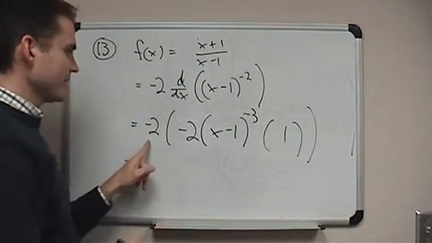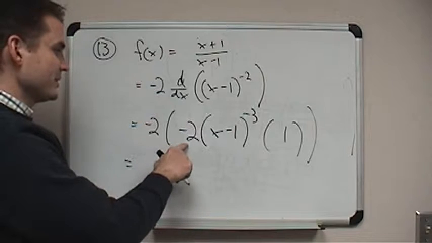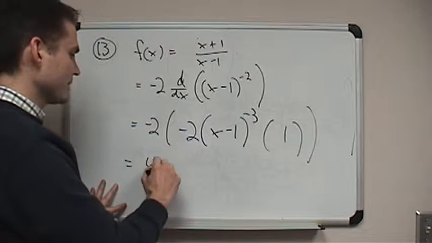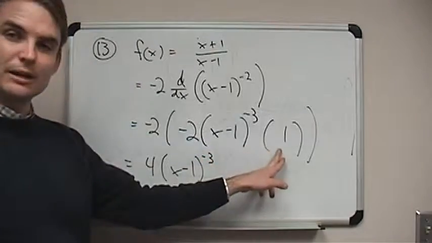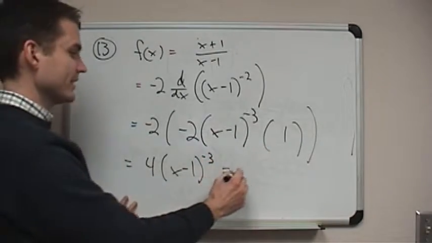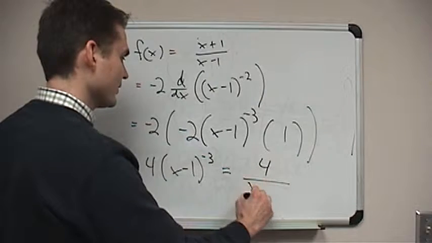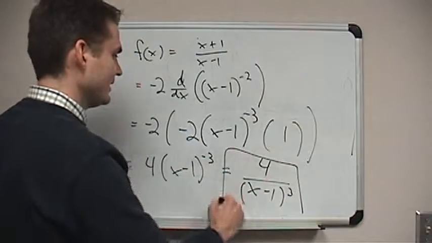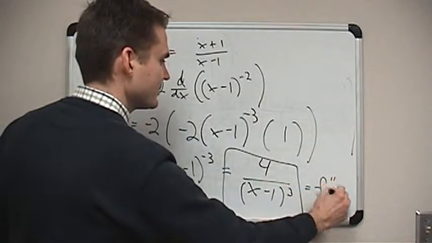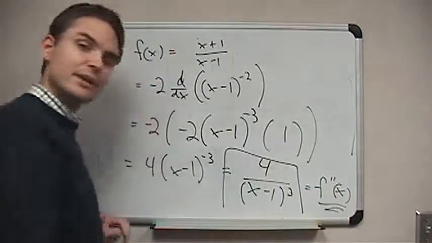Well, I've got some simplifying to do, but I have negative 2 times negative 2, that's 4, times x minus 1 to the power negative 3 times 1, which of course doesn't affect anything, and I can write this just as 4 over x minus 1 cubed. So that is the second derivative, the thing we were asked to compute.